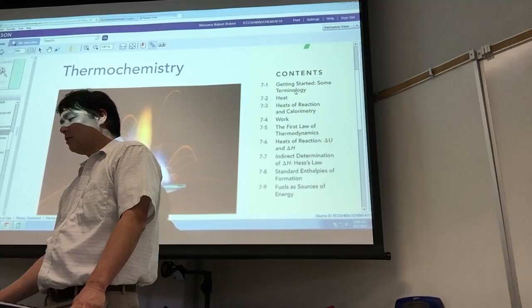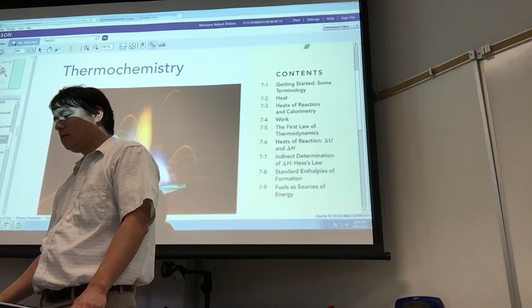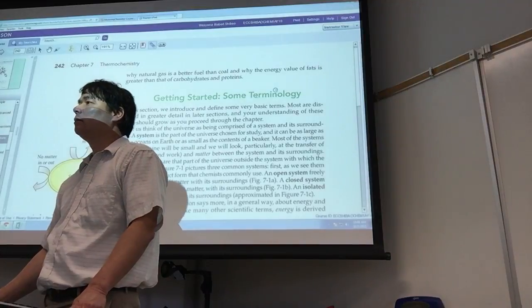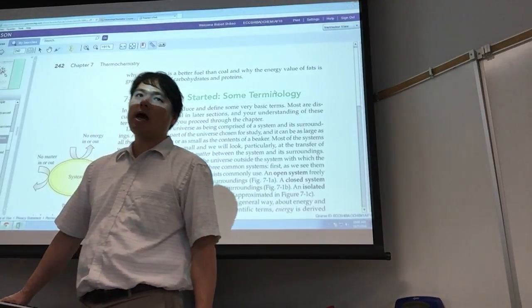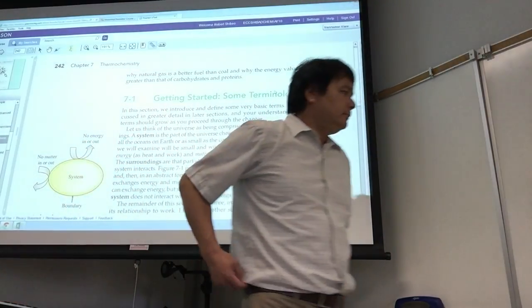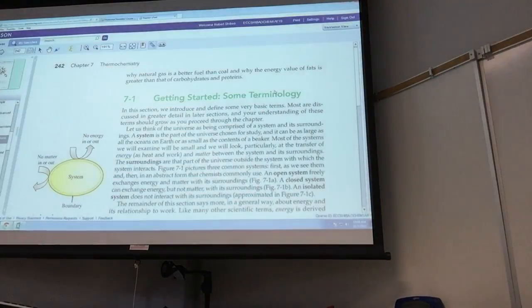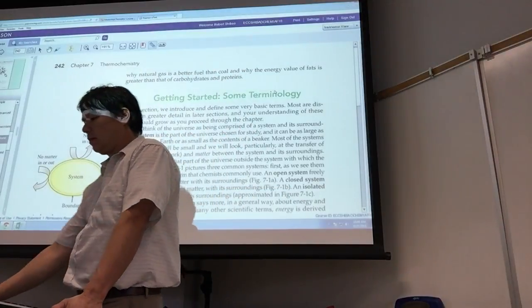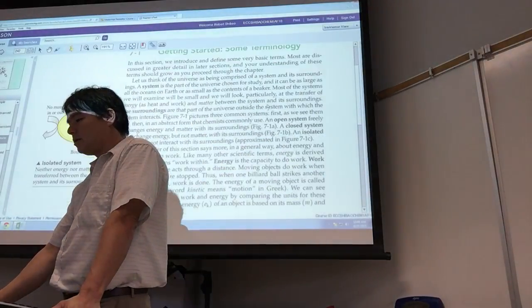So we need to get the terminology down, so that we know what the heck we're talking about here. And the terminology has certain conventions that we need to be very aware of, like negative and positive conventions or this and that. And so let's look at the terminology.